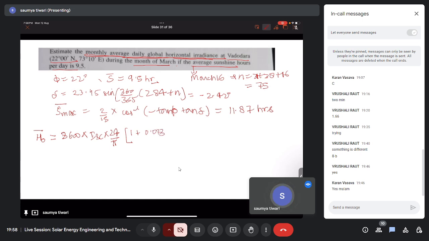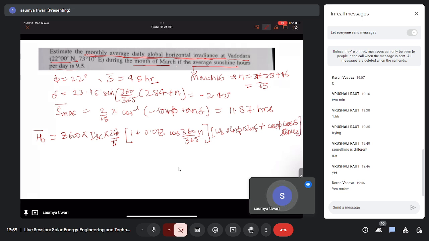So this is the extraterrestrial value ISC into (1 plus 0.033 cos of 360 by 365 into n), and then we have integrated it for the whole day. Those cos theta values have been integrated for the whole day, and now the parameter is omega s sine phi sine delta plus cos phi cos delta into sine omega s. So sine will be integrated to cos, and cos will be integrated to sine.